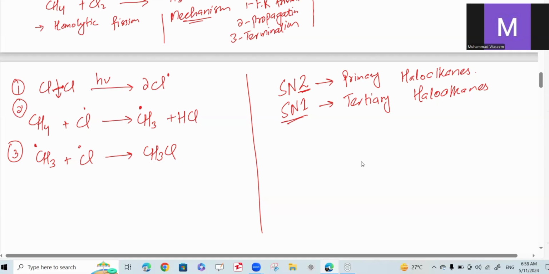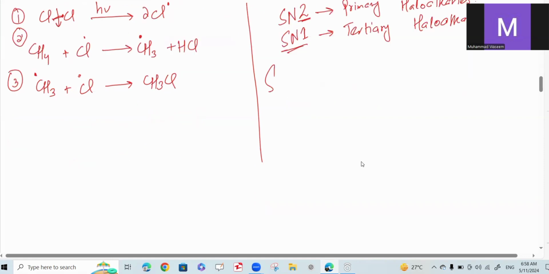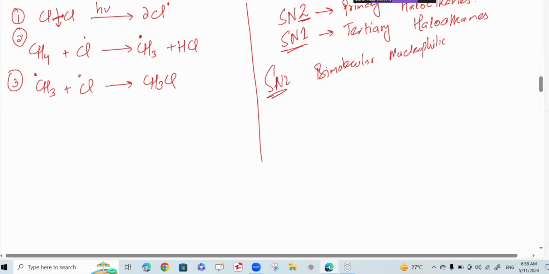In the mechanism we will discuss all of these. So let me tell you about the SN2, the bimolecular nucleophilic substitution reaction.